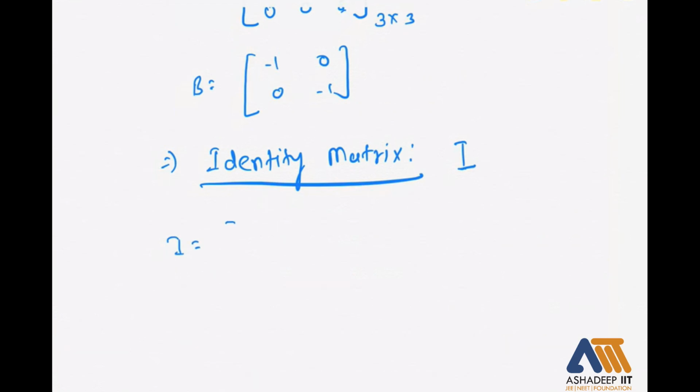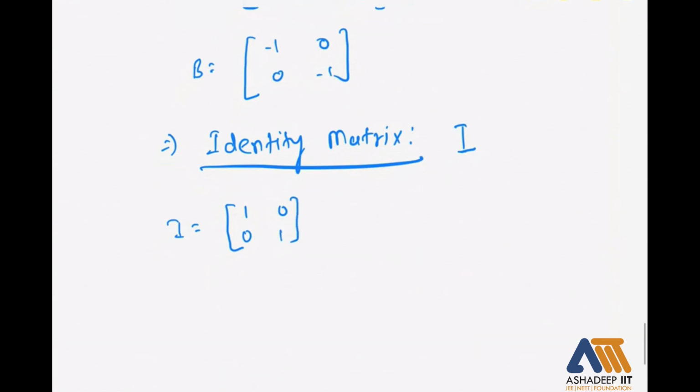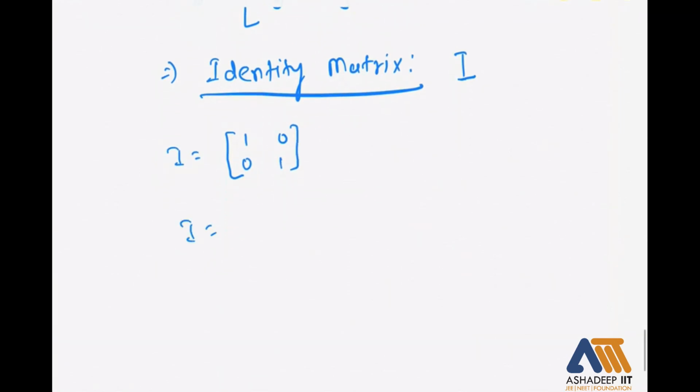If we write the identity matrix of order 2 cross 2, it is in the form 1 0 0 1. If we write 3 cross 3, 1 0 0, 0 1 0, 0 0 1. This is of the order 3 cross 3.